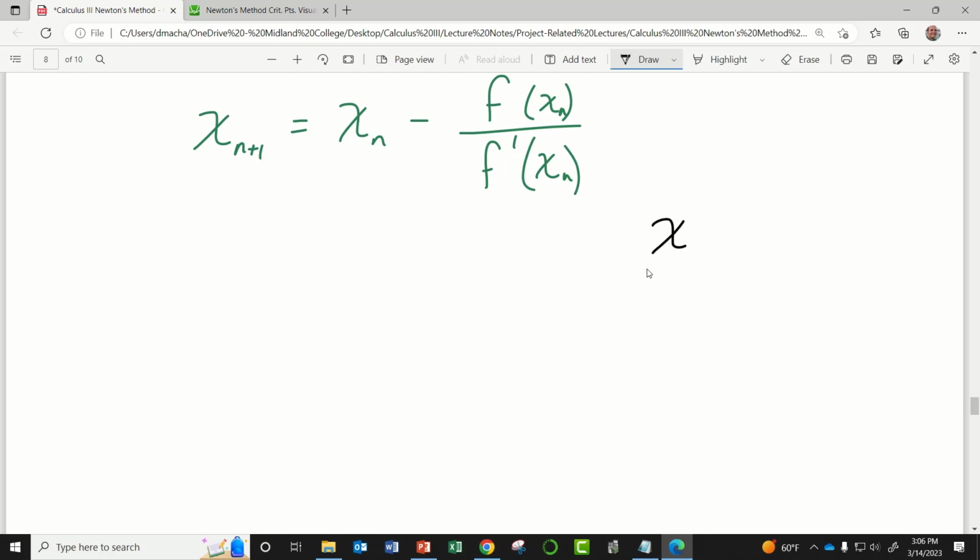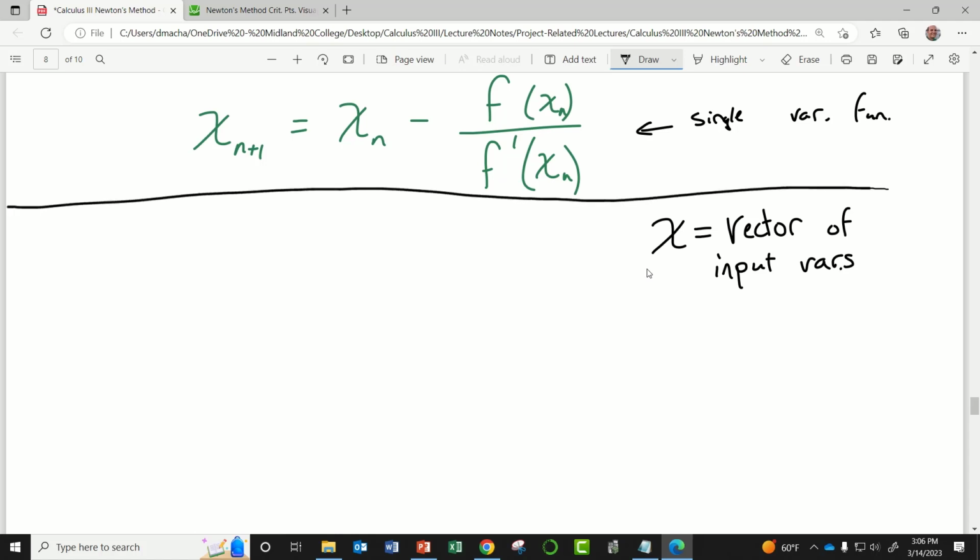is we say x is going to be the name of my vector of independent or input variables. Right, so that was the case for the single variable function, where x just meant a single variable. Now, for the case of a multivariable function, x is going to be a vector of input variables, not just a single input variable.